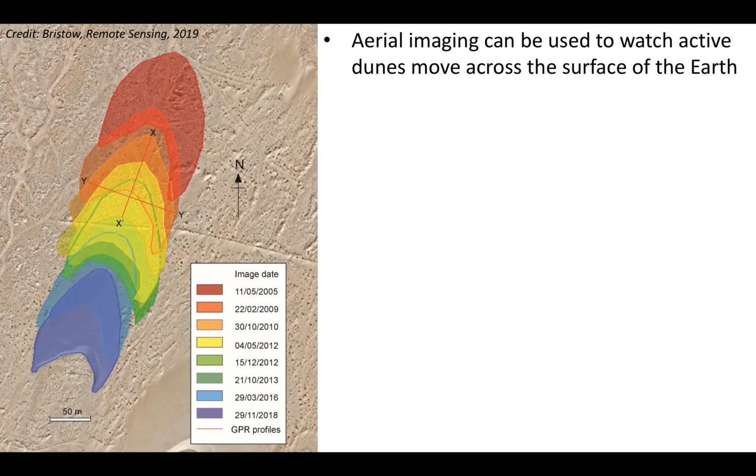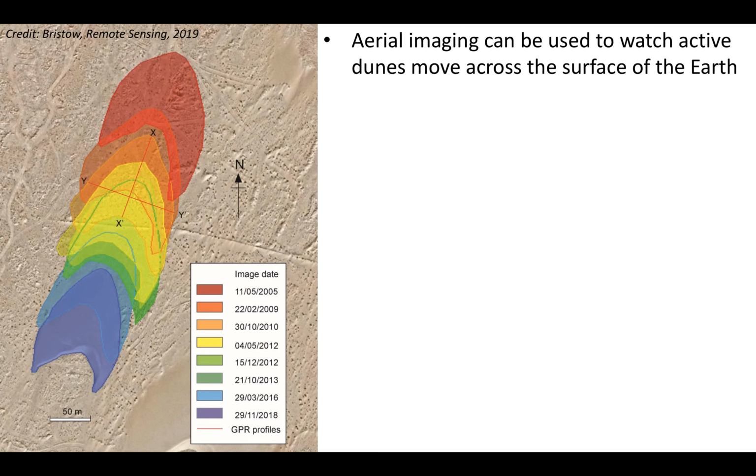Another thing that's very cool about dunes is that you can see from above these dunes moving across the surface. On Mars and other planets, we tend to do this from spacecraft that are in orbit. And on Earth, of course, we also have airplanes and balloons and other things that can look at dunes. This on the left shows a dune moving over about 13 years.